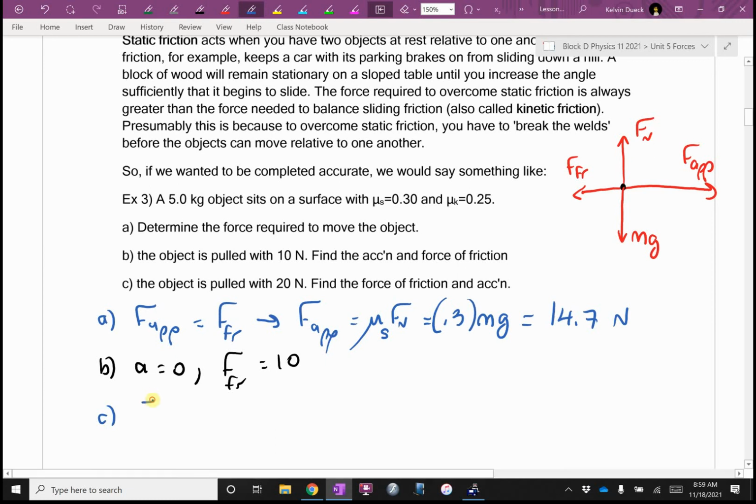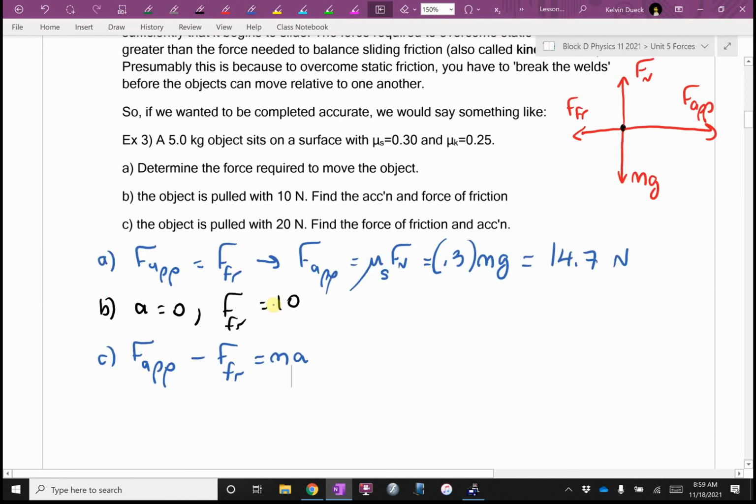So my equation now is going to be that. It wants me to find the force of friction. I'm going to do that right over here. Friction is what times what?